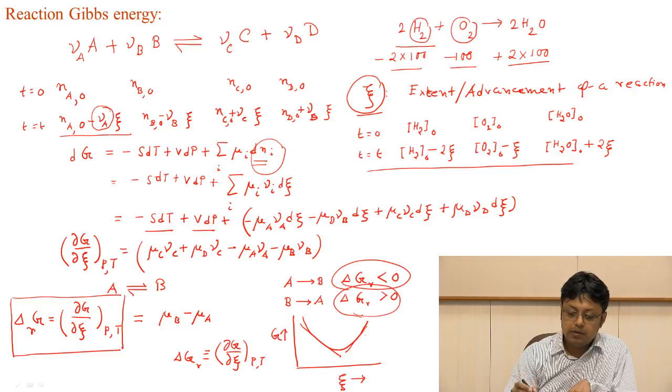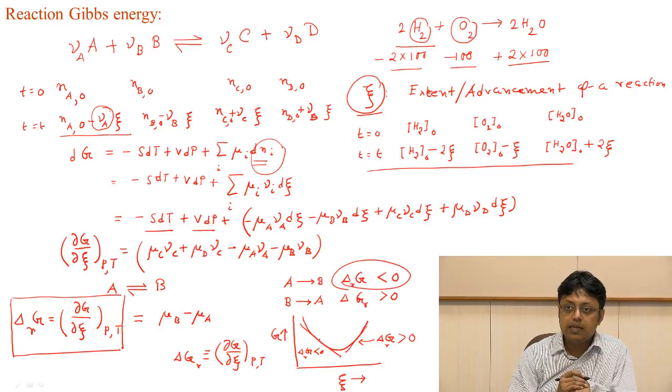So what will happen at both these? Here, what I'm saying is that delta RG, sorry, the suffix R should be here, and if delta RG is greater than 0, the curve will be like this, and if delta RG is less than 0, the curve will be like this.